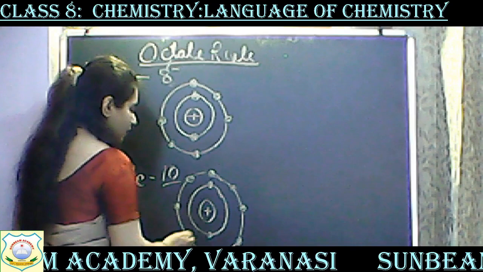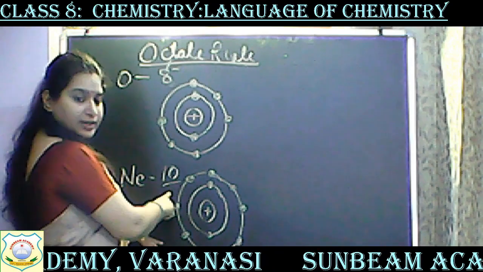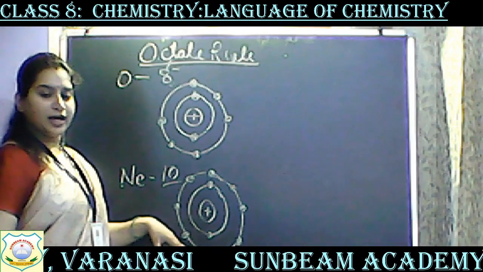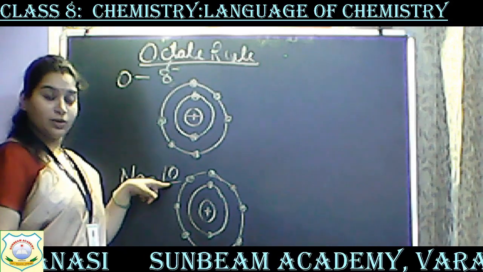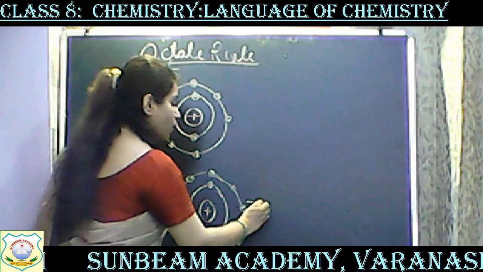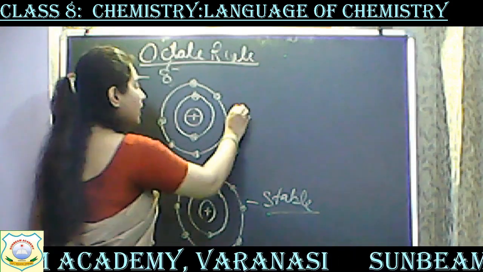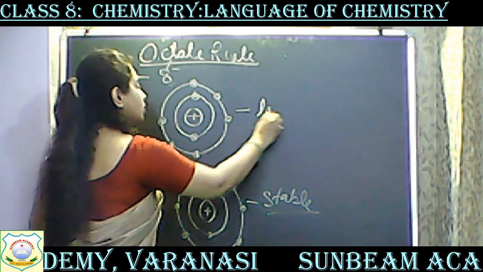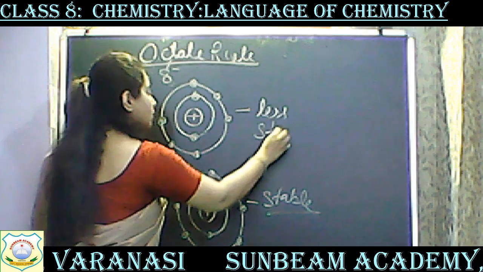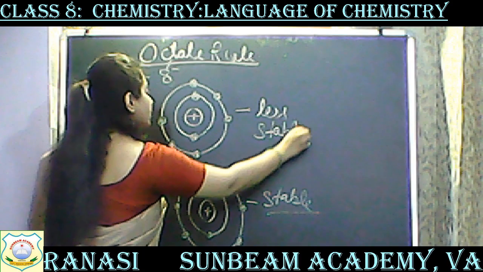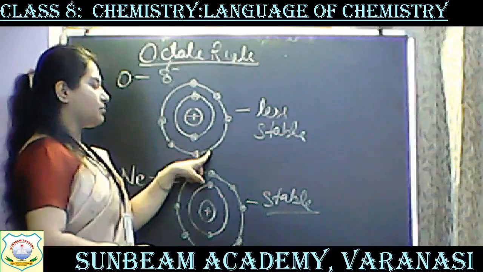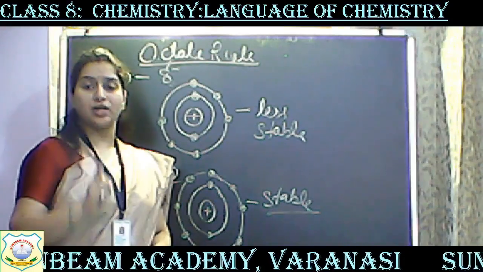Then the total will be 10: 2 inside and 8 outside. So this is called stable. But oxygen is not stable. Why is it not stable? Because its outermost shell does not have 8 electrons.